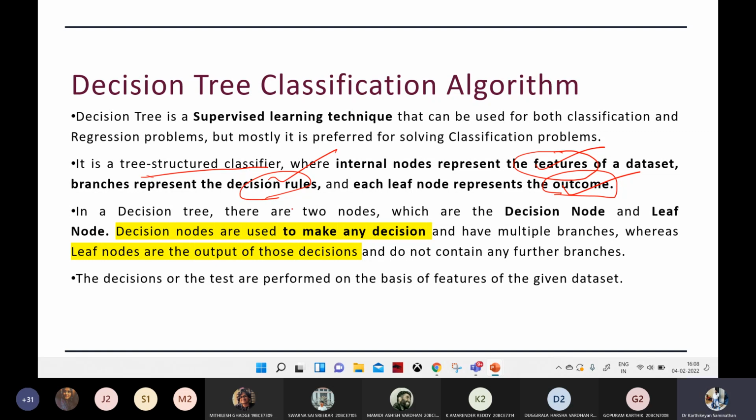The top node is the decision root node, which is used to make the decision. The leaf node is considered the outcome or output of the decision. So that is what the decision tree is related to.